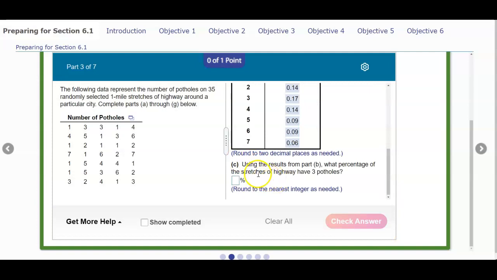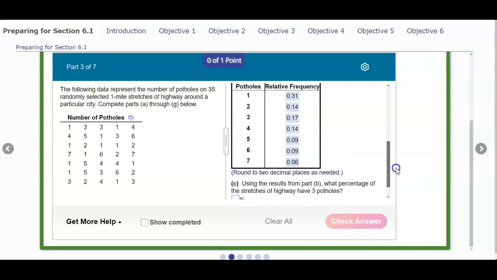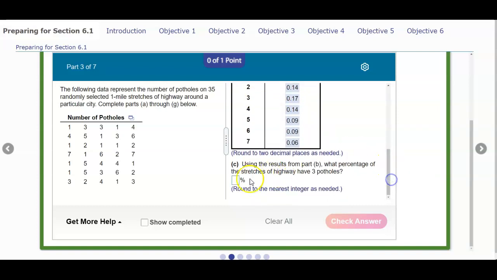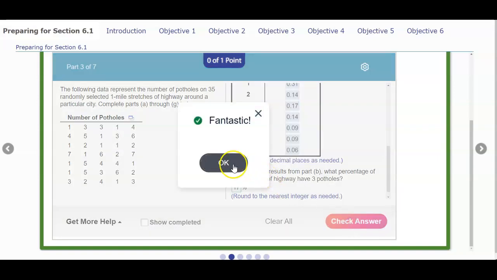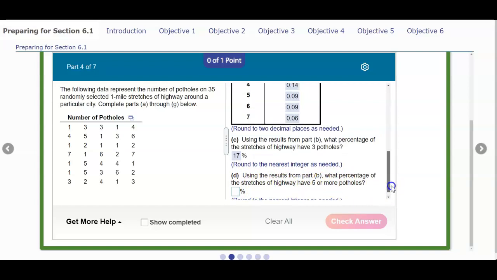Okay, now it says, using the results from part B, what percentage of the stretches of highway have 3 potholes? So if we take a look here, which one represents 3 potholes, we can see that it's 0.17, which would represent 17%. And it says, using these results from part B, what percentage of the stretches of highway have 5 or more potholes?